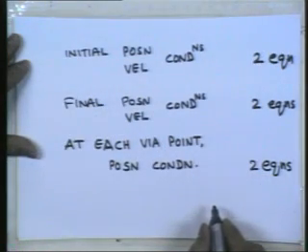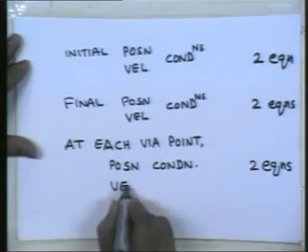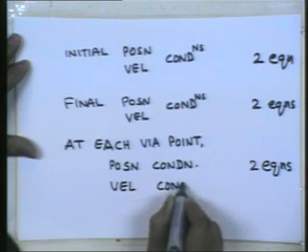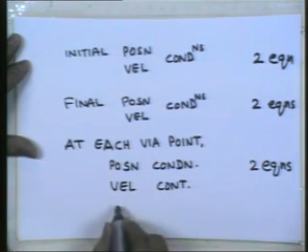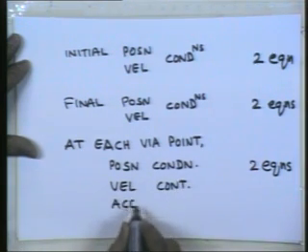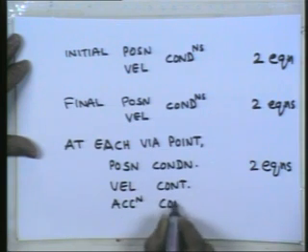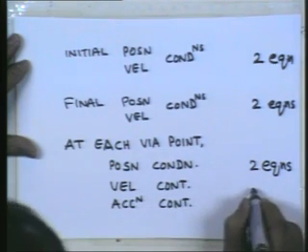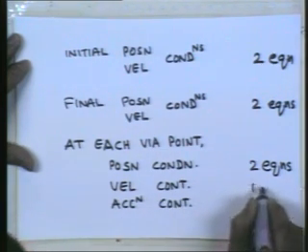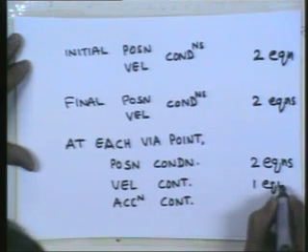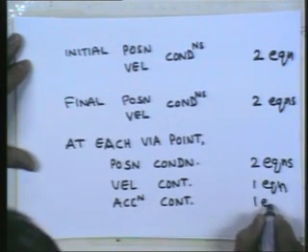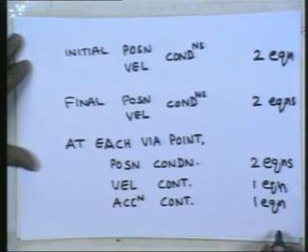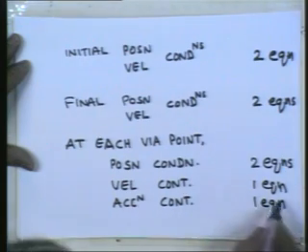Okay. And then velocity continuity and acceleration continuity, you have therefore 2 more equations. One equation, this is one equation and this is another equation. Okay. So, you keep on writing these equations.